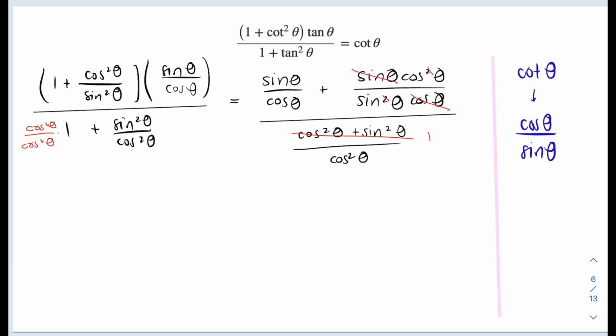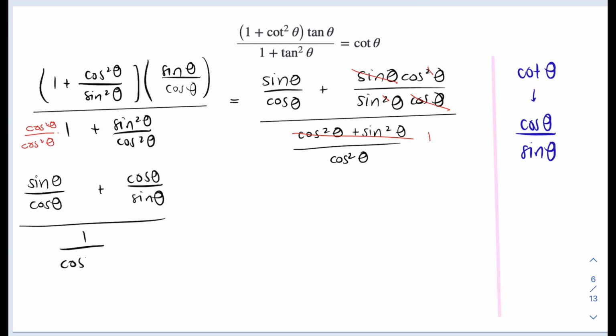Okay, so let's write what we have. It is important that it's very clear what you're doing and what you have. It's very easy to get mixed up. All over 1 over cosine squared theta. Okay, let's make a common denominator. I'm going to multiply by sine of theta over sine of theta, cosine of theta over cosine of theta.